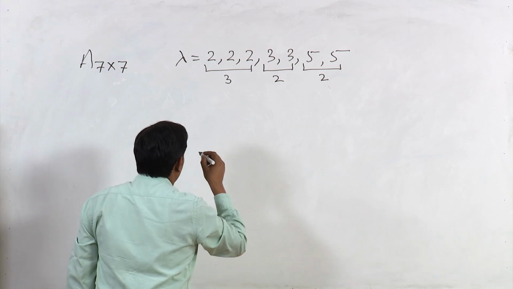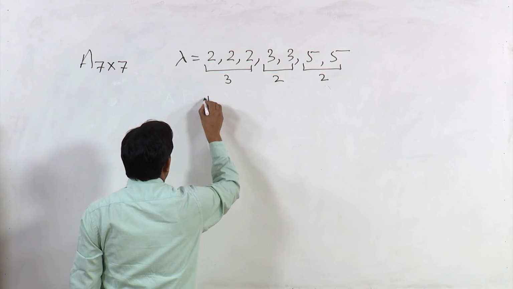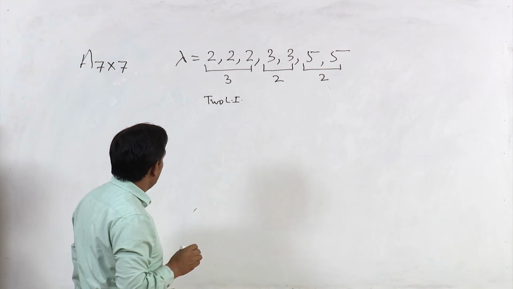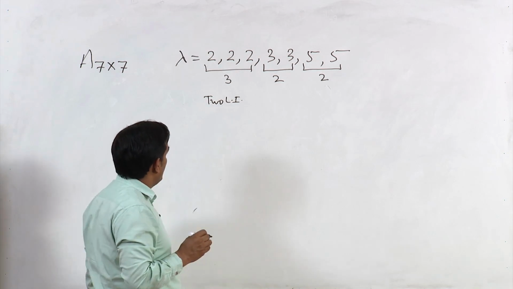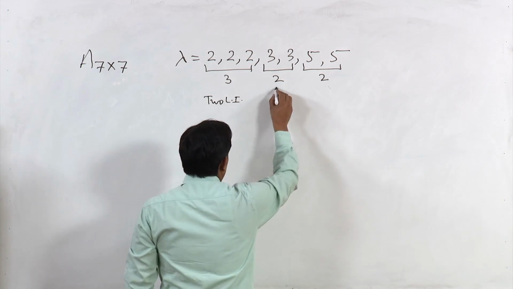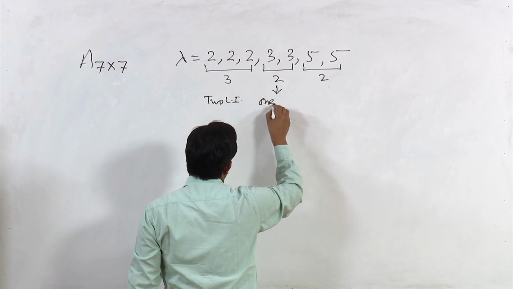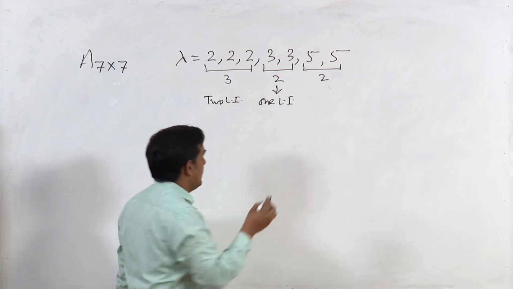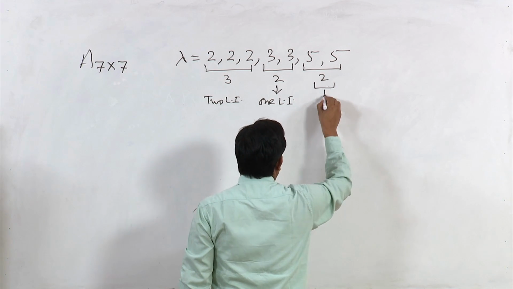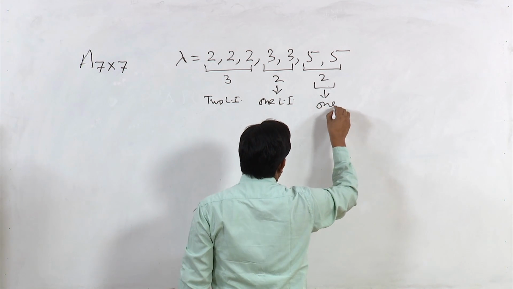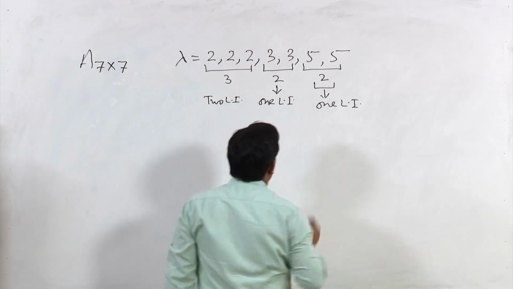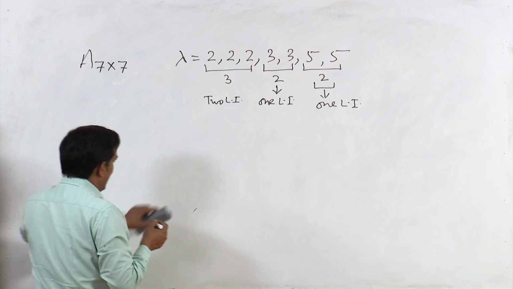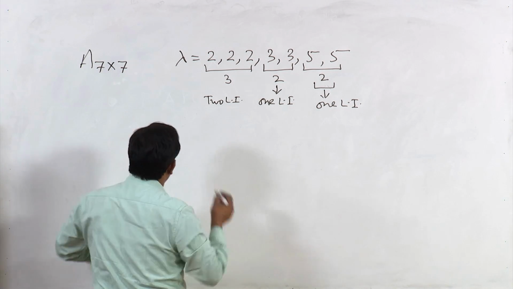Let us say we have only 2 linearly independent eigenvectors corresponding to lambda equals 2, that is the geometric multiplicity of 2 is 2. Let us say I have only one linearly independent eigenvector corresponding to 3, and one linearly independent eigenvector corresponding to lambda equals 5. So all the eigenvalues are defective here. Now, what will be the Jordan canonical form of this particular matrix?